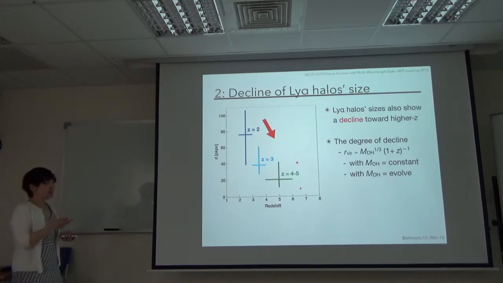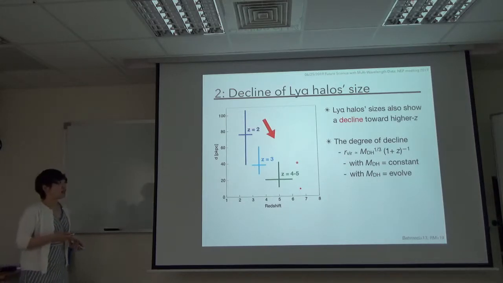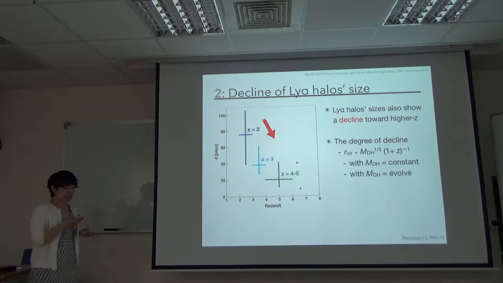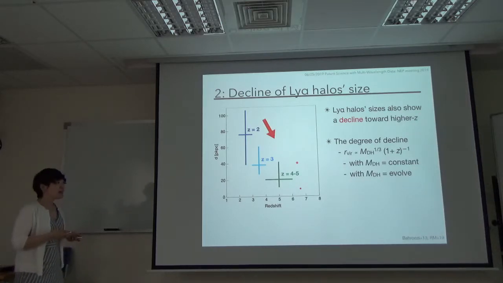And what we found was that Lyman halo sizes also decline toward higher redshift. In previous studies, this size change with redshift is expected to be described by the change of the virial radius of host dark halos.